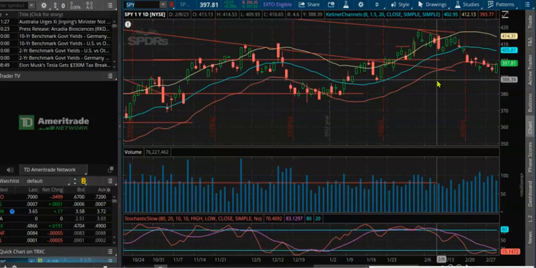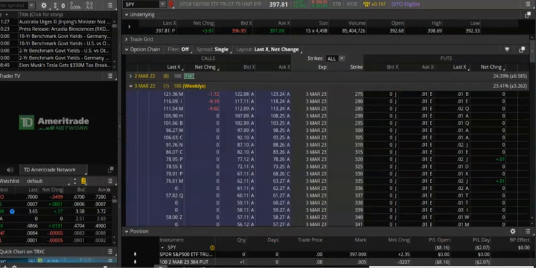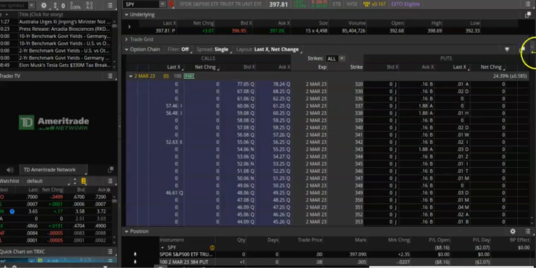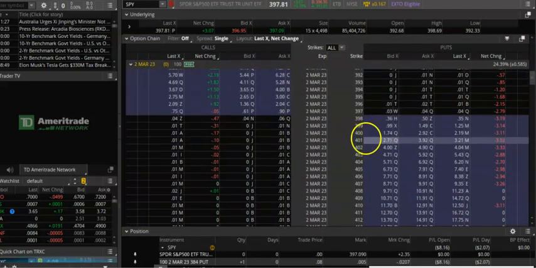Whenever you start the day off at a certain level, all of these options are going to expire every single day. So each day is 0 day expiration.